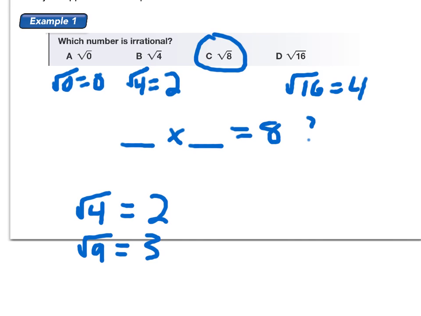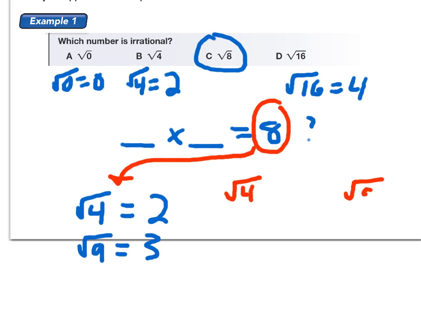So 8 is between these two numbers right here. It's between the square root of 4 and the square root of 9. The square root of 4 is 2, the square root of 9 is 3. So that means the square root of 8 has to be between 2 and 3.